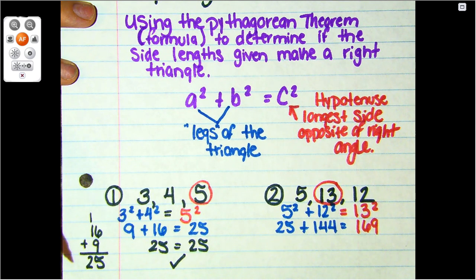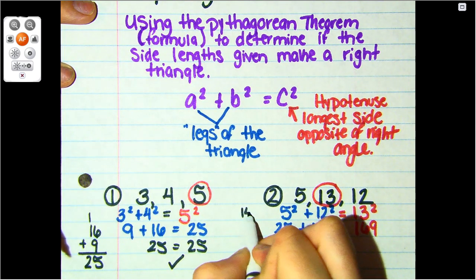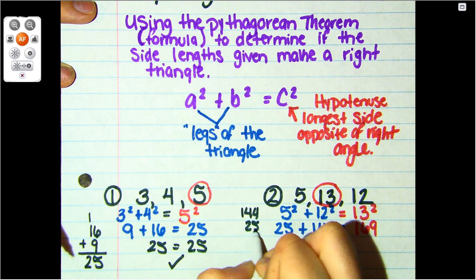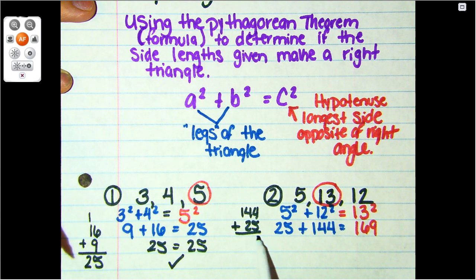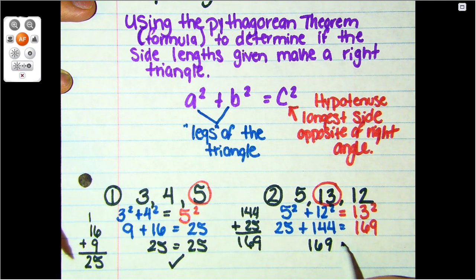So I need to test that. Does 144 plus 25 add up to 169? 4 plus 5 is 9. 4 plus 2 is 6, and 1. So yes, 169 does in fact equal 169. So this does make a right triangle. That is true.